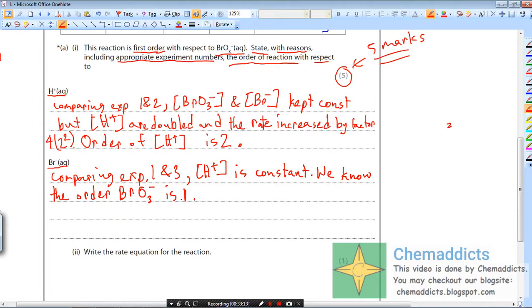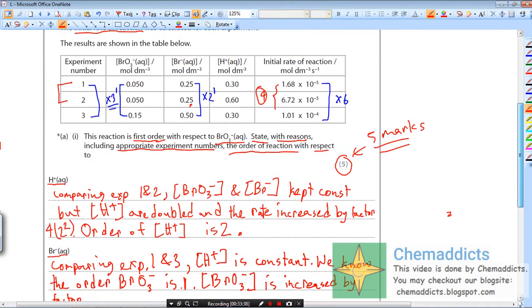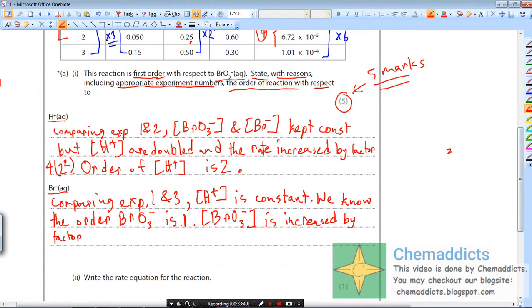So here the concentration of BrO3 minus, can't even write this peculiar thing, the concentration of bromate, is increased by a factor. How much was it increased? Bromate, factor 3.